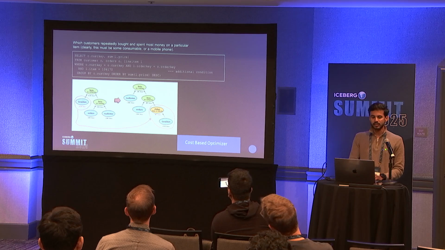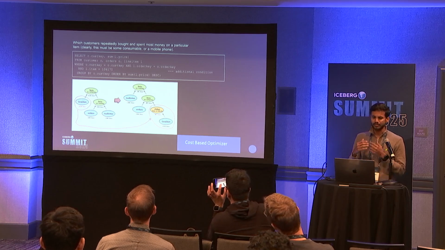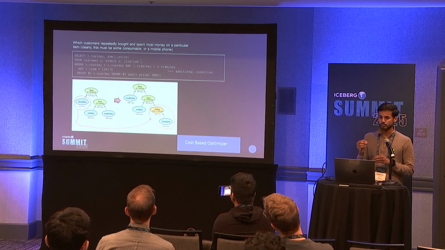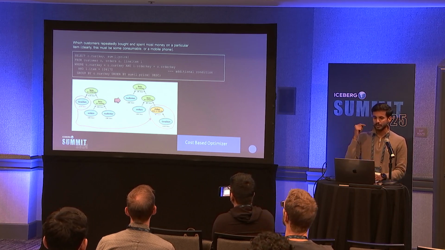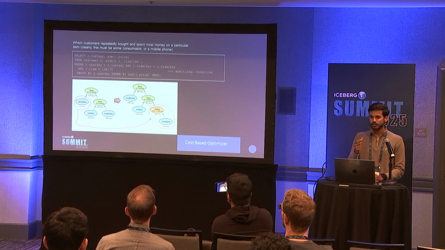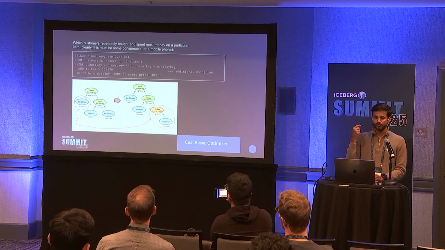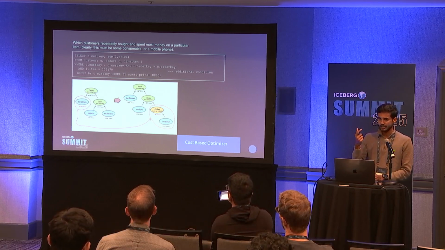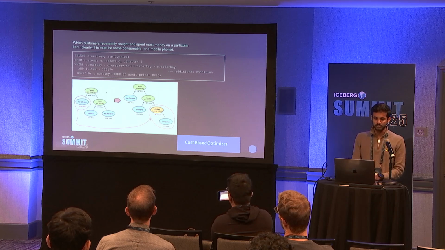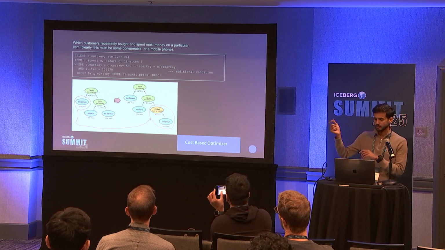So if you consider another case, now the customer wants to know who repeatedly bought and spent the most money on a particular item. For example, which smartphone they spent the most money on. For this, we are going to add a filter condition to the previous query. Here, if you can see the line item, I want to know which item has more.